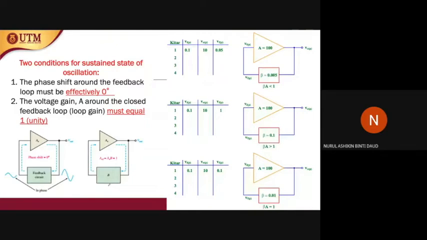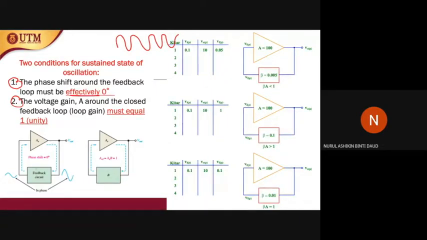There are two conditions to sustain the state of the oscillator, to make it create a nice periodic signal. First of all, the phase shift around the feedback loop must be effectively 0.